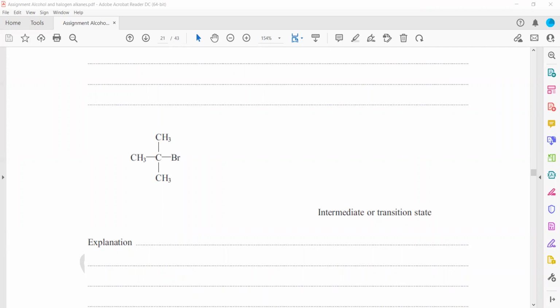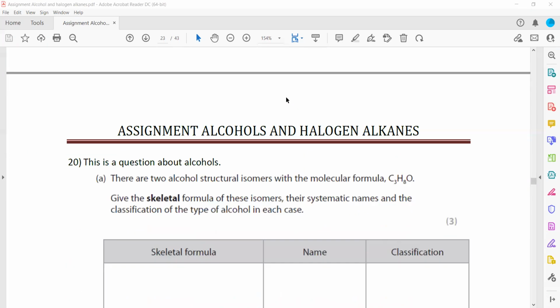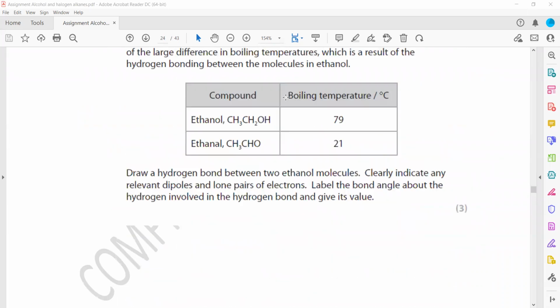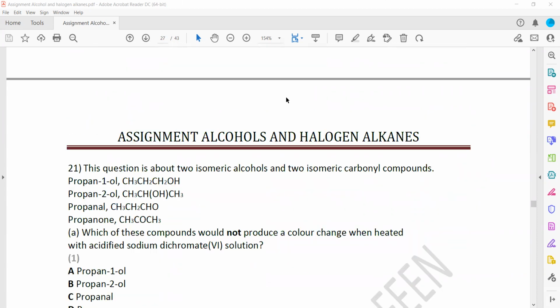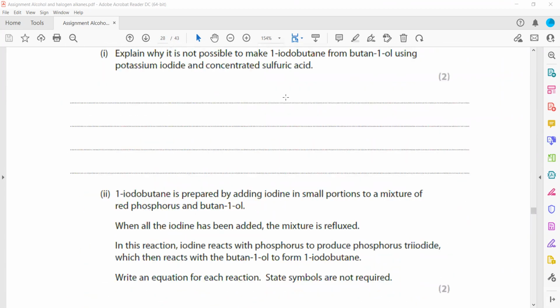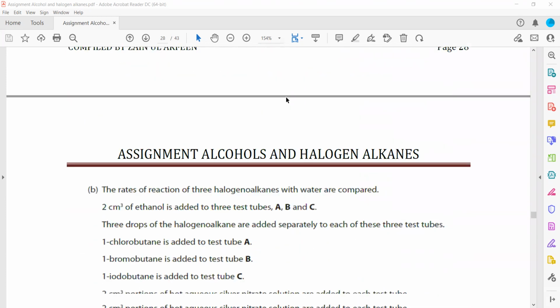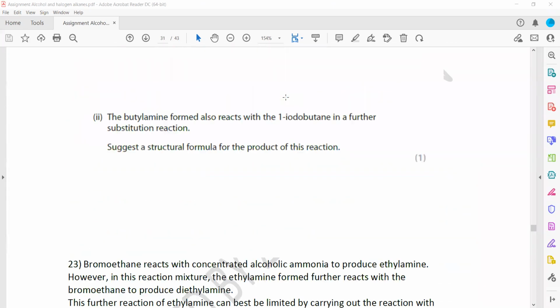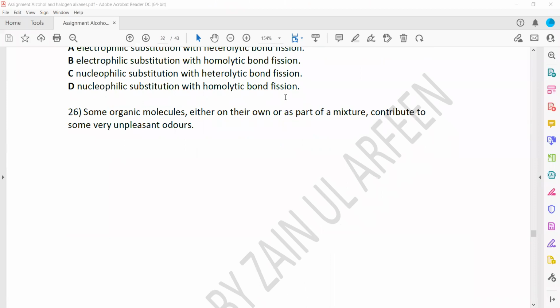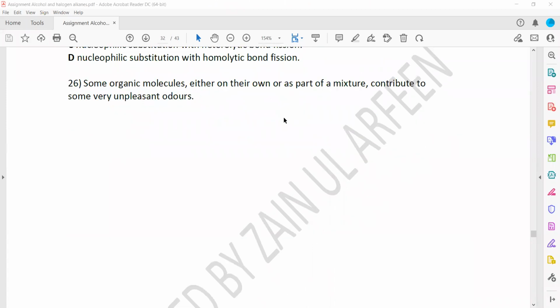Next question is 26A and C. Some organic molecules, either on their own or as part of a mixture, contribute to some unpleasant odor.